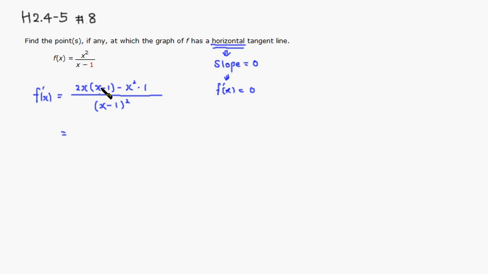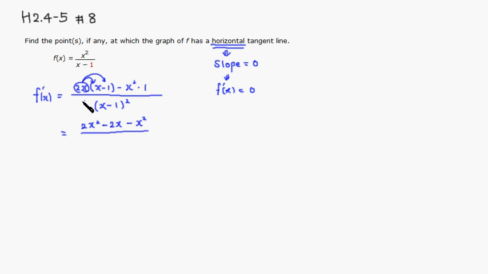So 2x times x gives you 2x squared, and 2x times negative 1 gives you negative 2x, minus x squared times 1 is x squared.